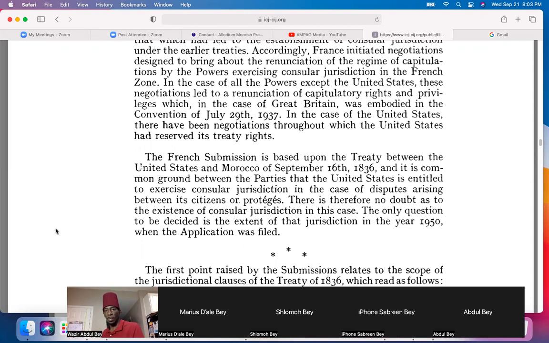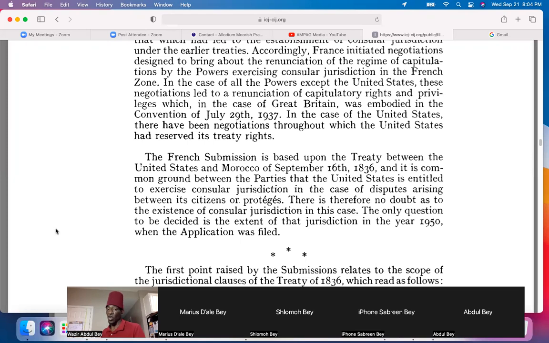They're telling us everything. The French submission is based upon the treaty between the United States and Morocco of September 16, 1836, and it is common ground between the parties that the United States is entitled to exercise consular jurisdiction in the case of disputes arising between citizens or proteges.